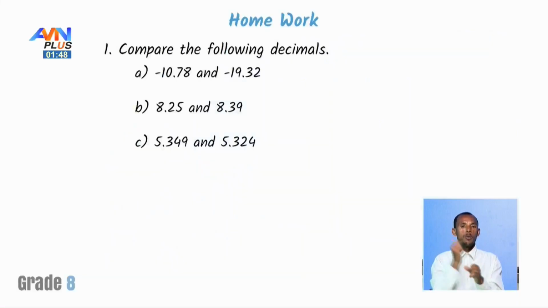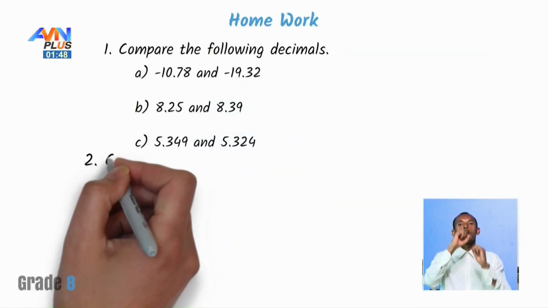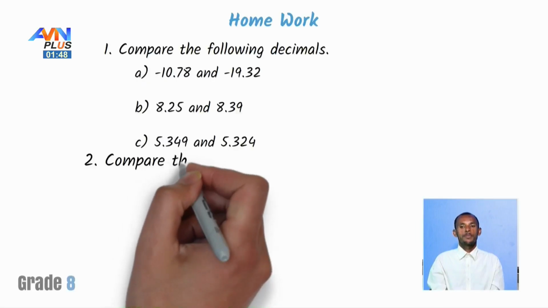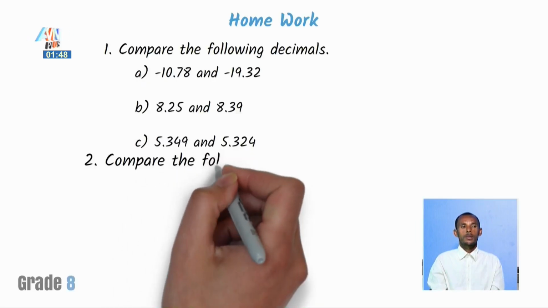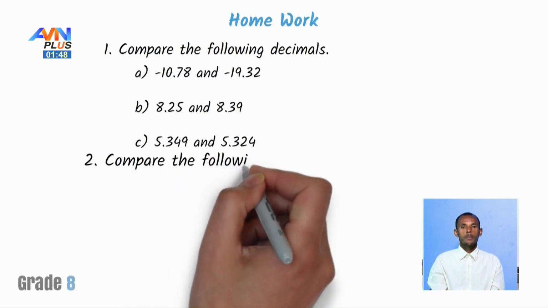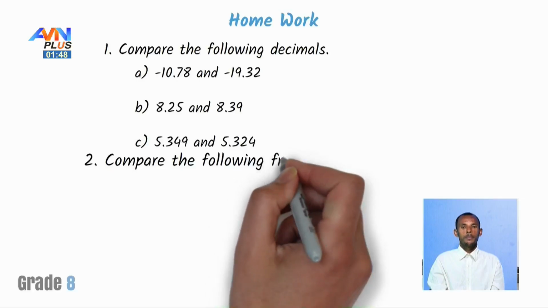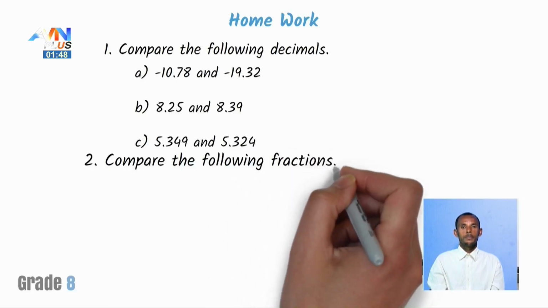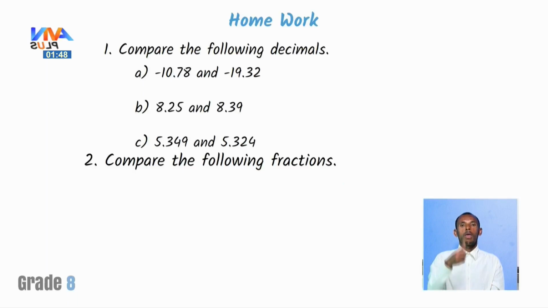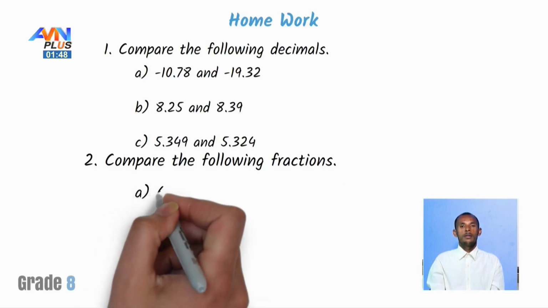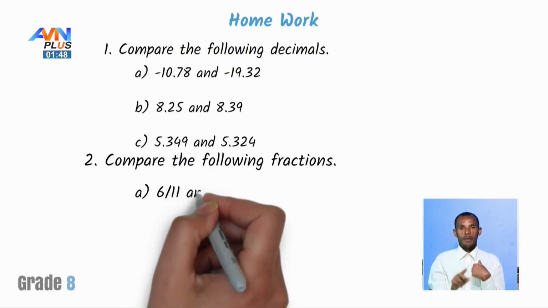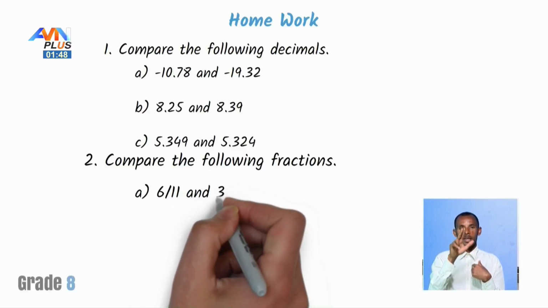The second question is compare the following fractions. In the A part, we have 6 over 11 and 3.5.